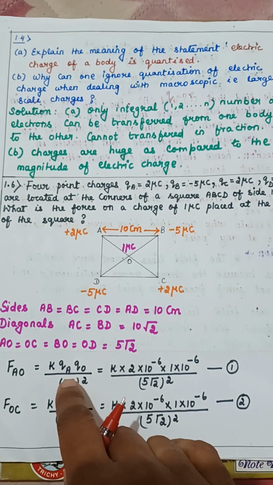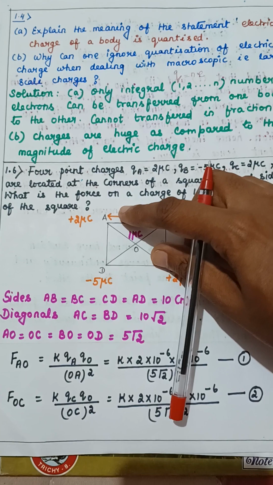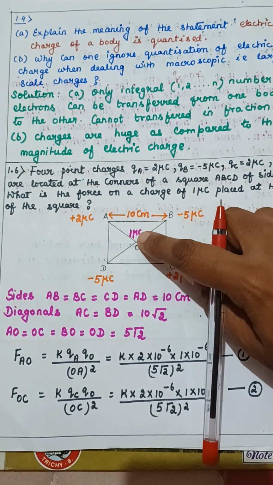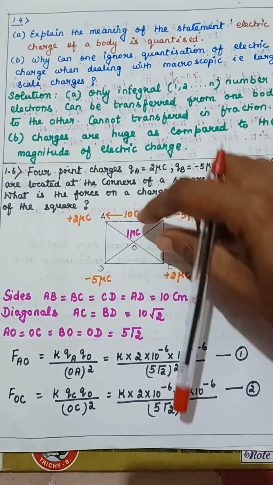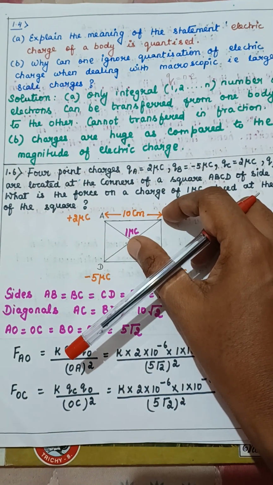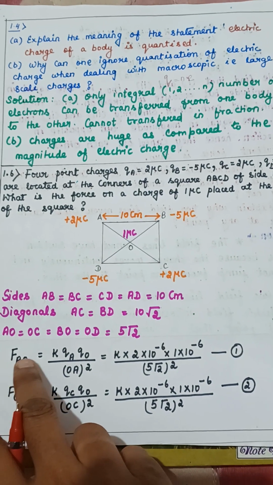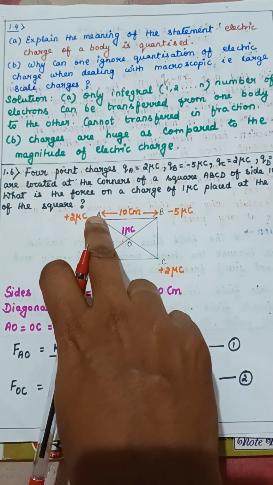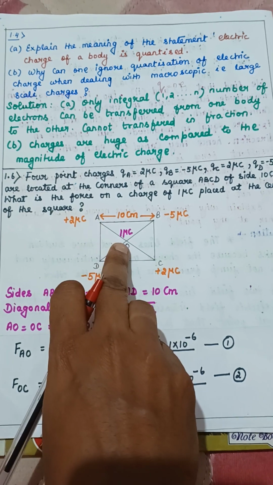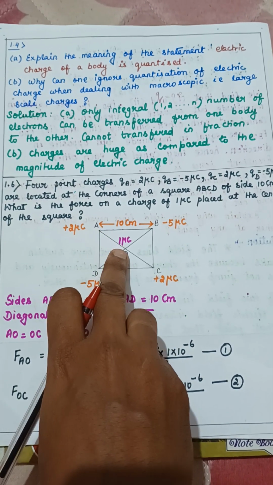Okay. Now we will calculate the force between the charge which is kept at A and the charge which is kept at the middle point. That means between these two, these two, these two and these two. Okay. So first let us take FAO. FAO means the force between the charges present at A point and at O point.